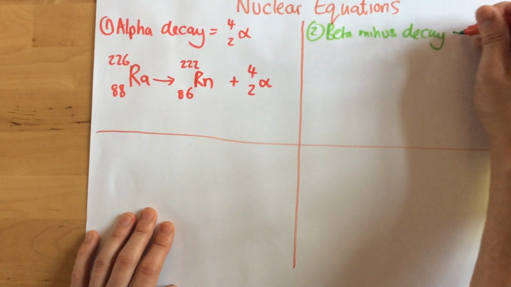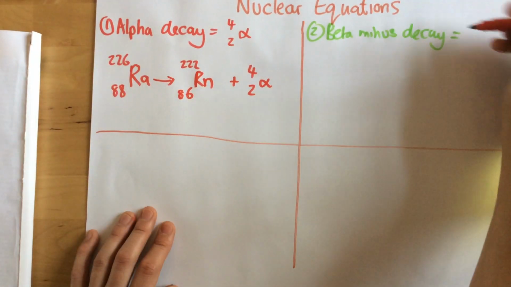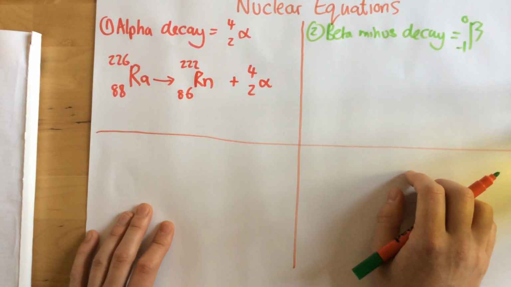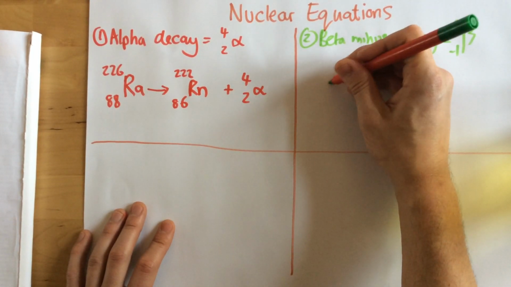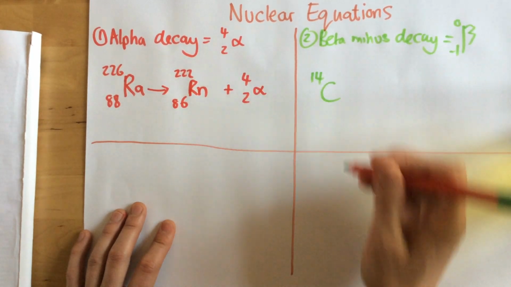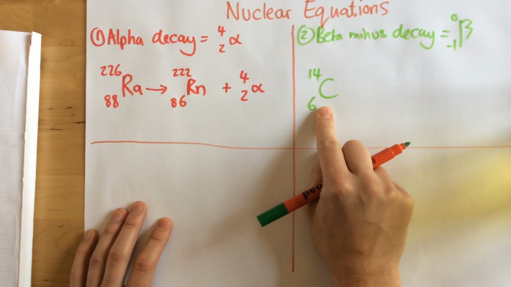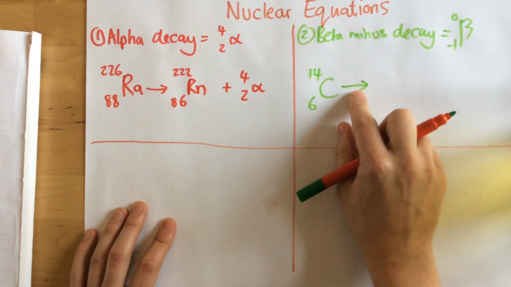With a beta particle, what we're giving off is this thing here, which is basically the equivalent of an electron. Again, let's imagine we had to do the nuclear equation for the radioactive decay of this carbon isotope. Again, we start off with carbon. We show that it's being broken down, it's decaying.